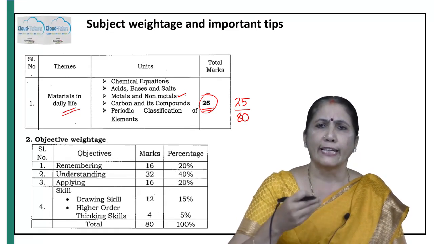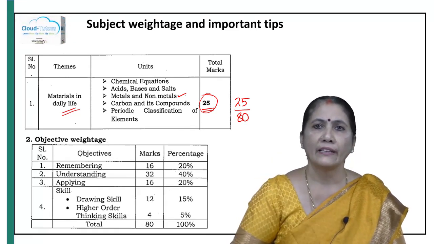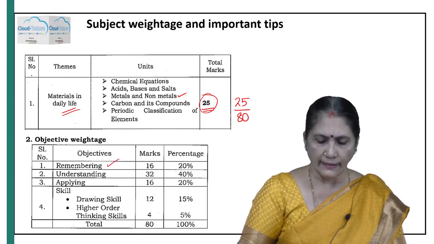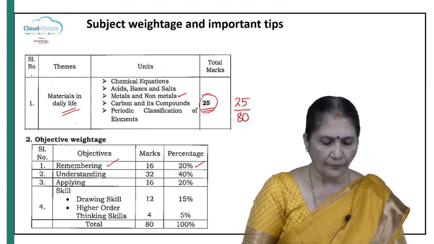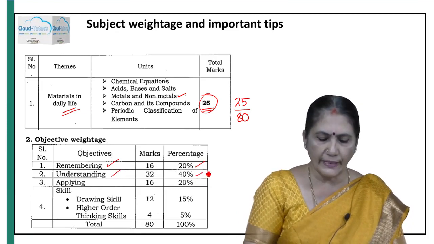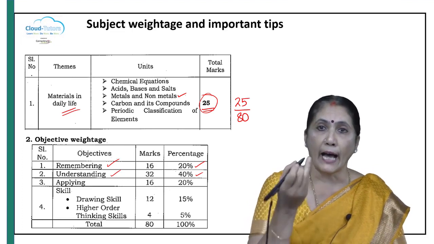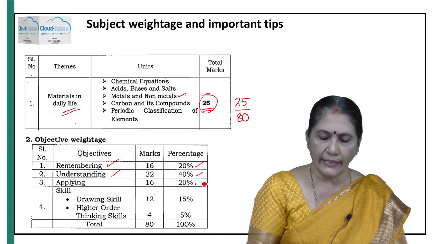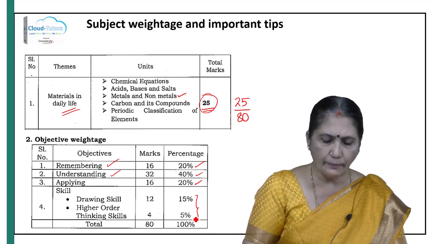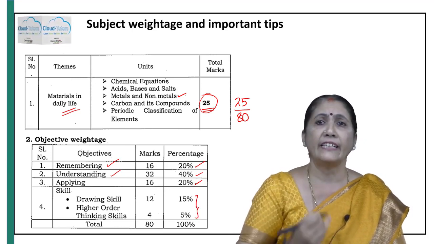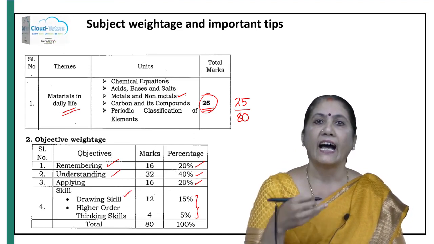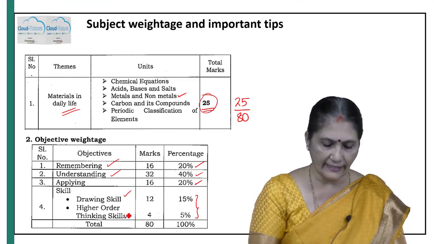Now, with respect to Bloom's taxonomy, you can be asked remembering questions for 20%, understanding aspects that will be getting covered for 40%, the applying that will be getting covered for 20%, and the remaining 20% is definitely going to test your drawing skill as well as higher order thinking skills.